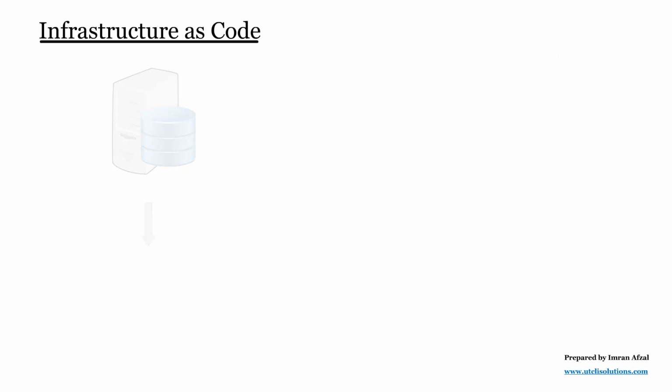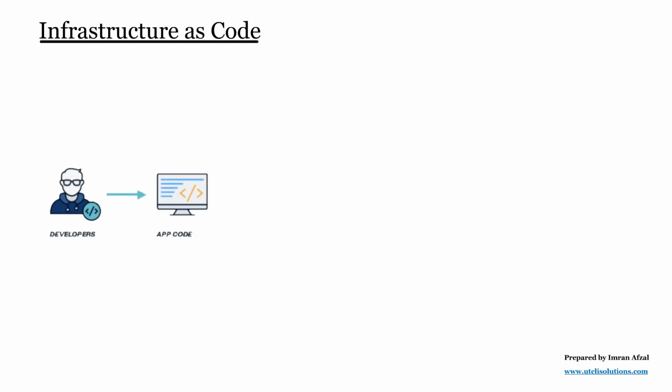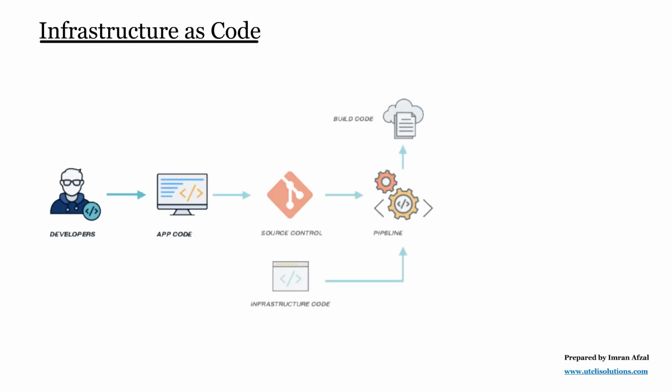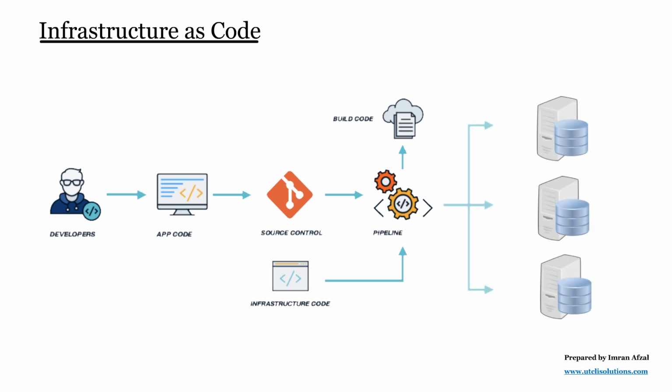Same as the application code, this written code will be stored in a version control system like Git. We will learn about Git when we go over the DevOps tools in detail. When a new server is needed for your application, you will simply run this code, and IAC tools will take care of the creation and configuration of the server according to your code.